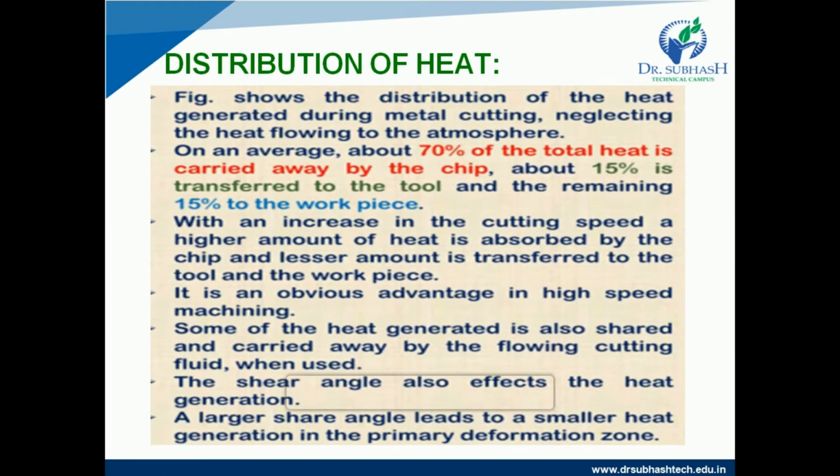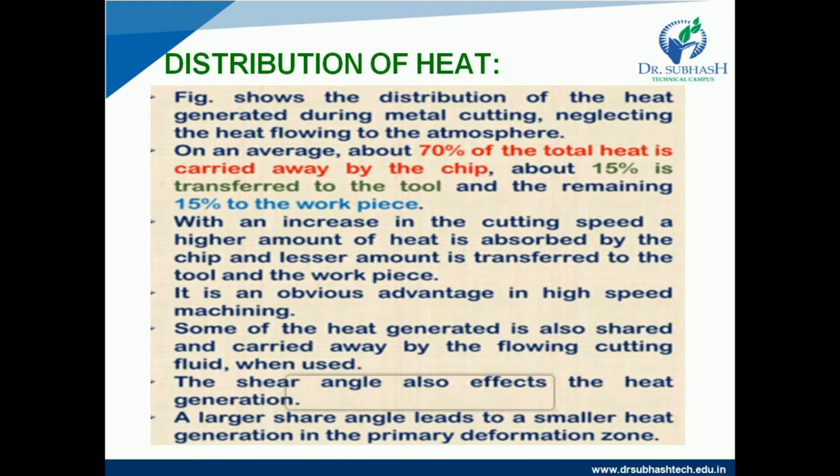So in this figure we saw the distribution of the heat generated during metal cutting. If we neglect the heat flowing into the atmosphere, then on an average we can say about 70% of total heat is carried away by the chip.